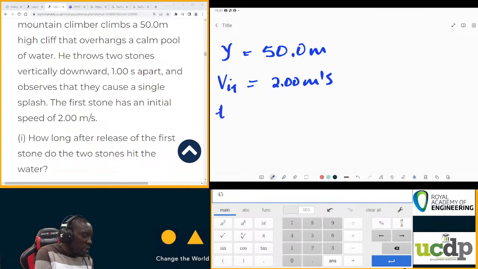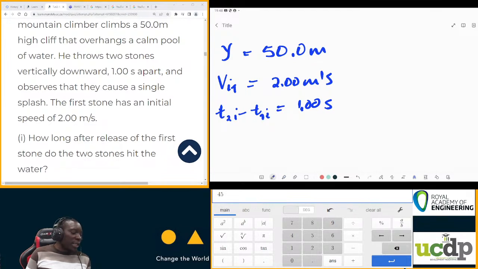But we know that T2 initial minus T1 initial is equal to 1 second. T2 is the time when the second stone is thrown. So this time is a second later. So T2 will be greater than T1 by 1 second.